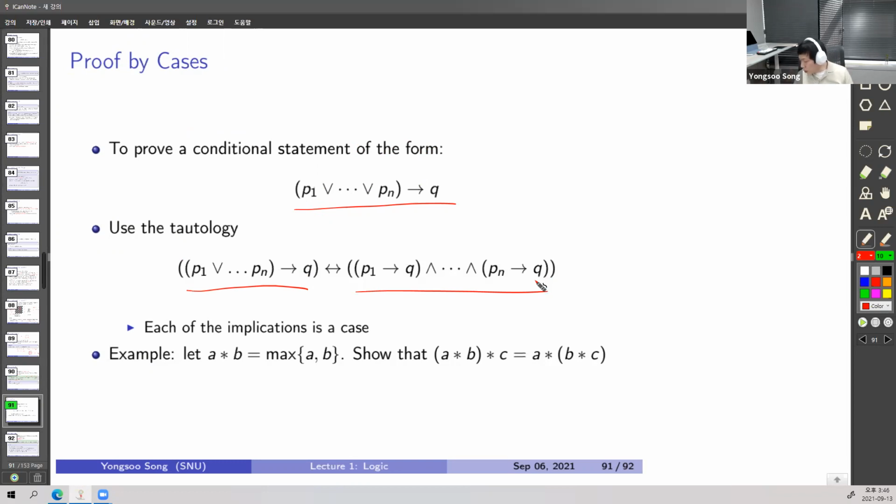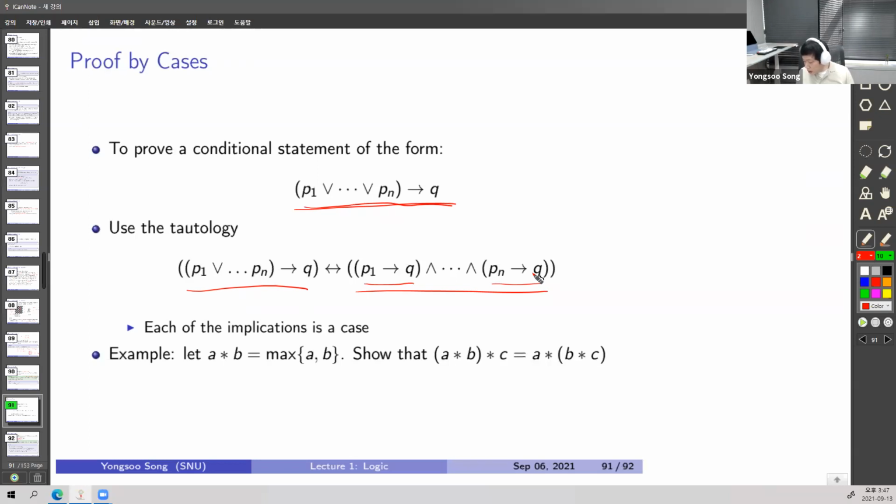The reason is that this proposition is basically saying that if one of the propositions P1 to Pn is true, then Q is true. Meaning that if P1 is true, then Q should be true, and if Pn is true, then Q should be true. So these are two equivalent relations.